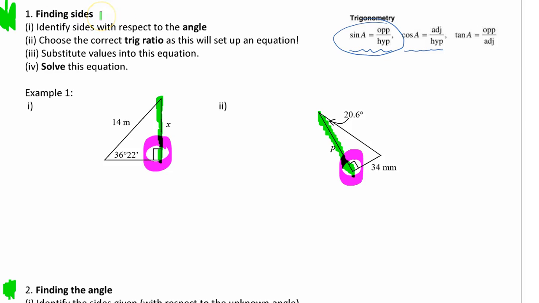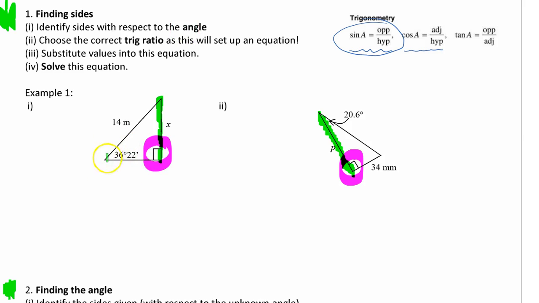So clearly, these 2 examples are examples where we'll be finding a side. This little 4-step process, if you can learn that, like I said, will make getting the correct answer so much easier. So step 1 says, identify the sides with respect to the angle.